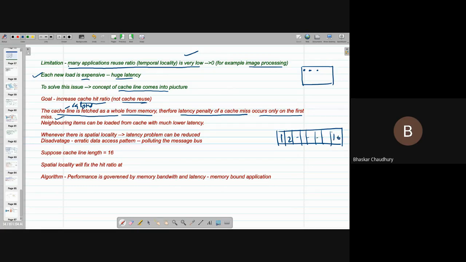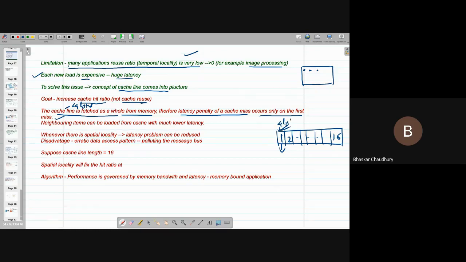I have to pay that latency penalty only for the first item, because when I looked for item 1, I got everything. I got all 16 items, which is 64 bytes, because each one is 4 bytes.